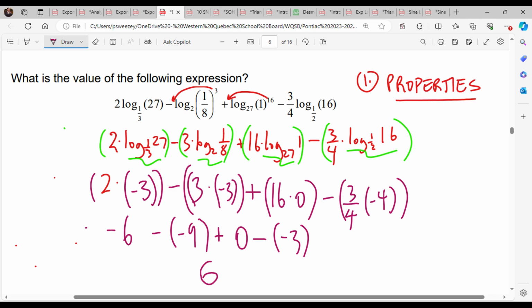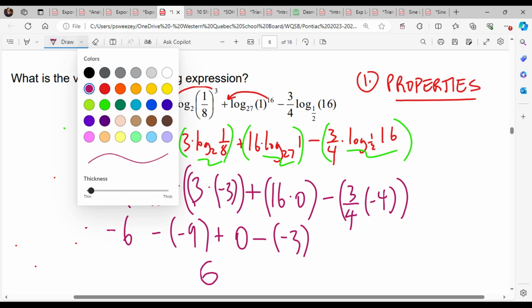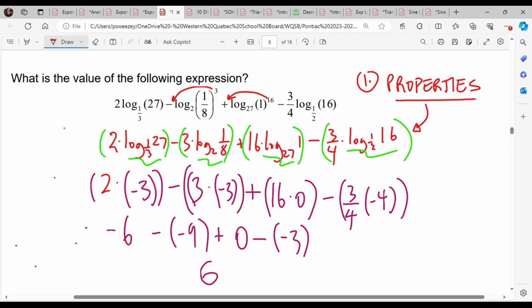Just to reiterate and go back through it again, I had mentioned before, I didn't come back to it, but the first thing we did was properties. So that was like this step right here. We executed everything. Every exponent that was on those logs got put in front. And then my second step right here was just solving.